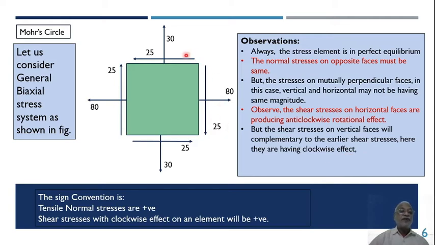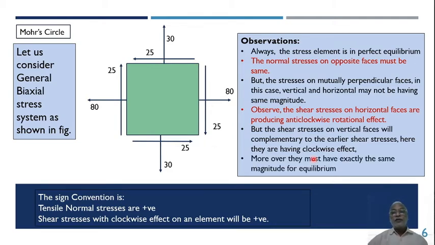Obviously they have to nullify that effect. Because of that, they are called complementary shear stresses. Moreover, they must have exactly the same magnitude for equilibrium. Sign wise it should be opposite, but magnitude wise they should be the same. That is the point.